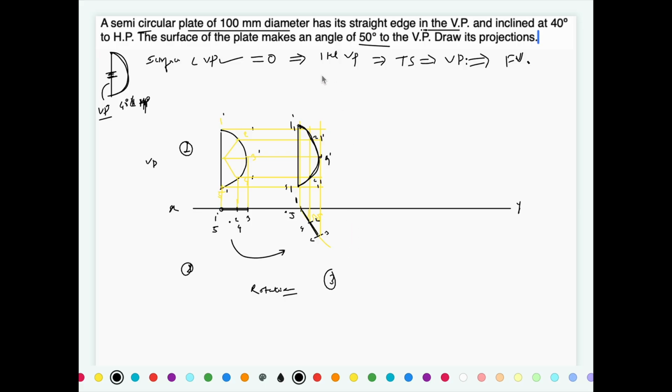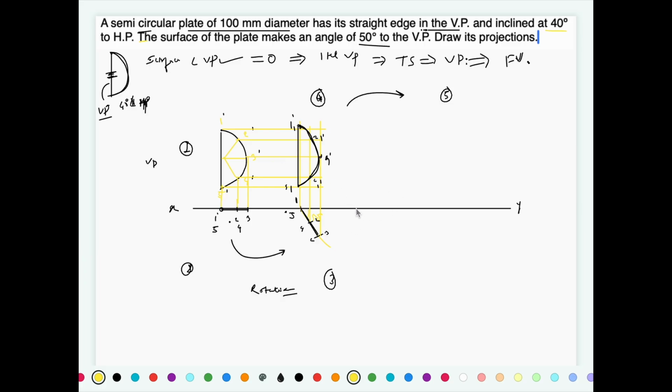Okay, so this is step number 4. Now we are going to draw step number 5. So again we are going to just provide the rotation without changing its dimensions, and for that rotation the reference is the straight edge which is in VP. It is inclined at 40 degrees to HP.